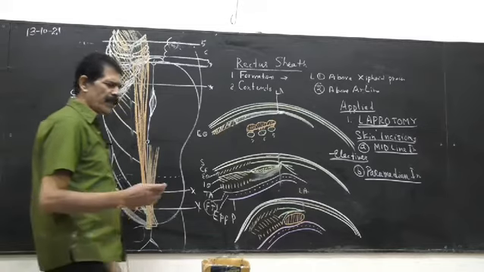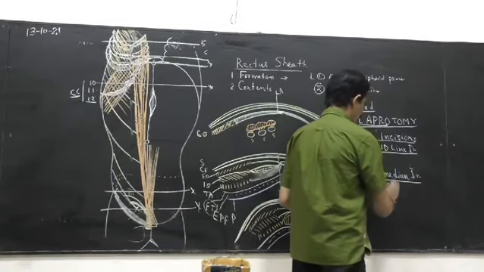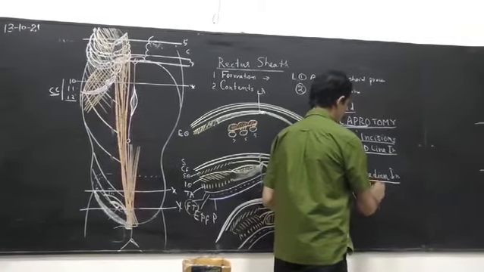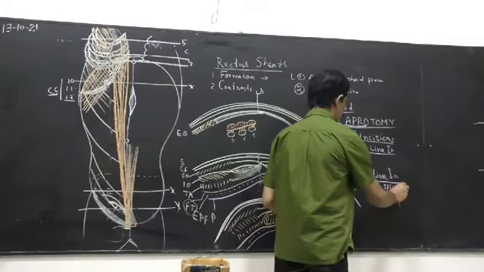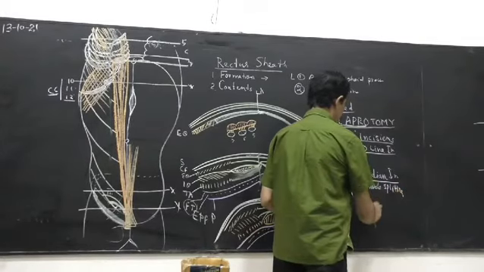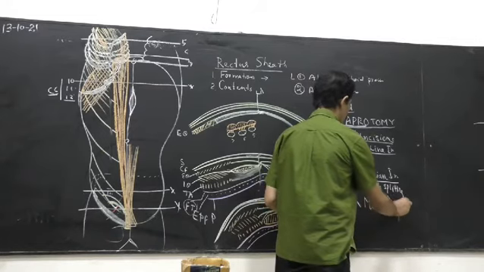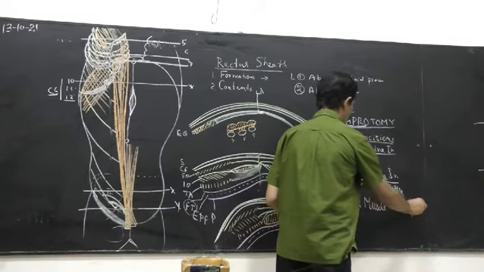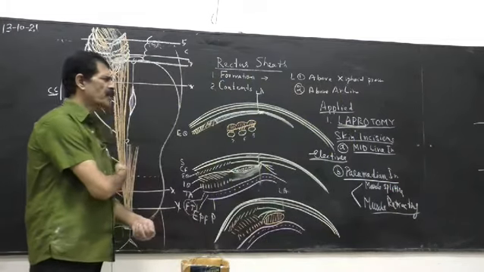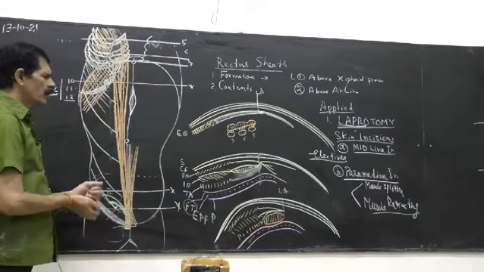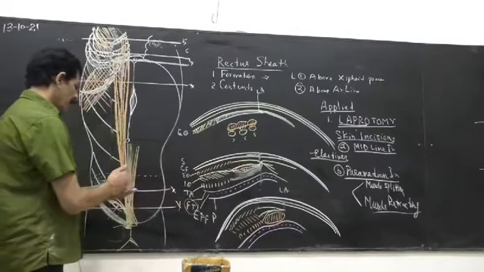And these paramedian incisions are of two types. One is called muscle splitting. The other is muscle retracting. Paramedian means parallel to the midline.